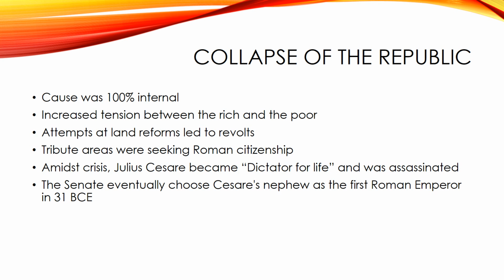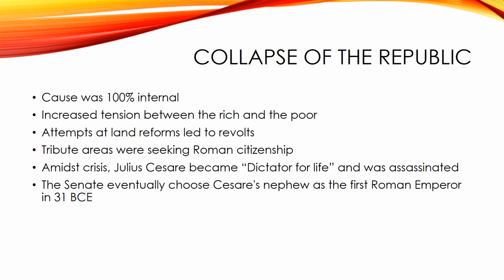Now, this is a couple centuries of fall here for the end of the Republic. Tribute areas that were seeking Roman citizenship wanted to become part of the Roman Republic, and that caused controversy as well. Defining what it was to be Roman was an issue, and so that was kind of a cultural problem that the Republic was facing as well.